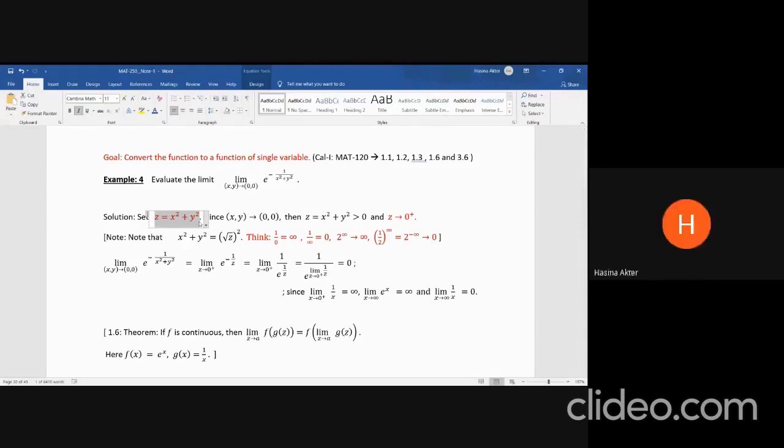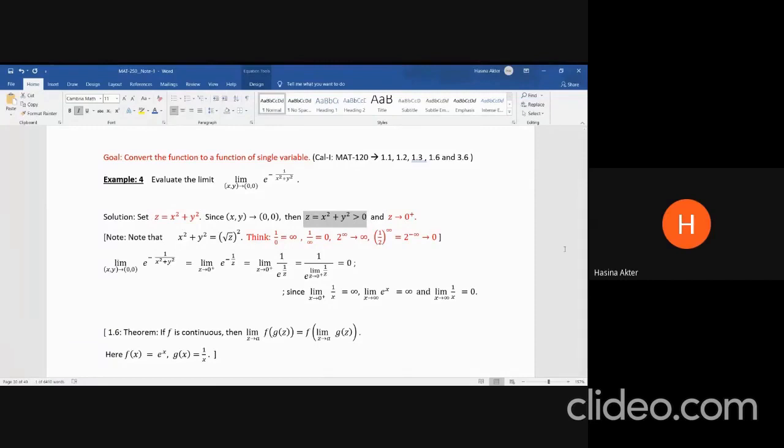And z cannot be 0, because z is positive. Since (x, y) approaches (0, 0), that means at least one of them is non-zero. If either x or y is not 0, then this sum of squares is positive. So z must be close to 0 but greater than 0.